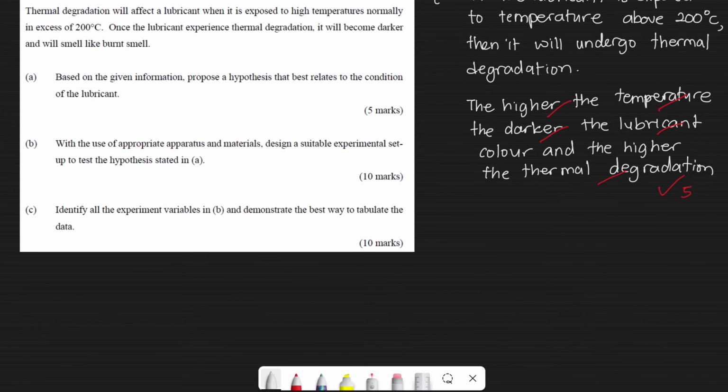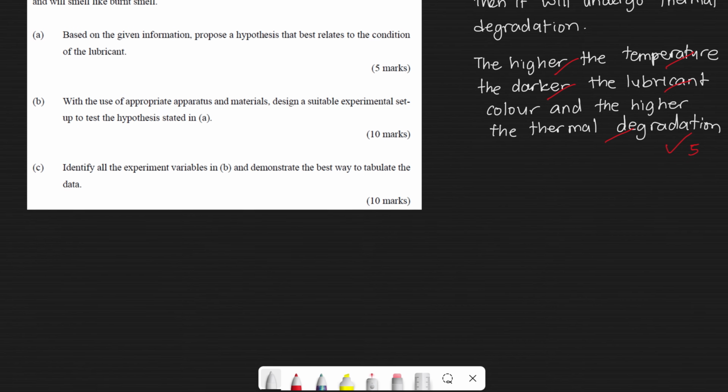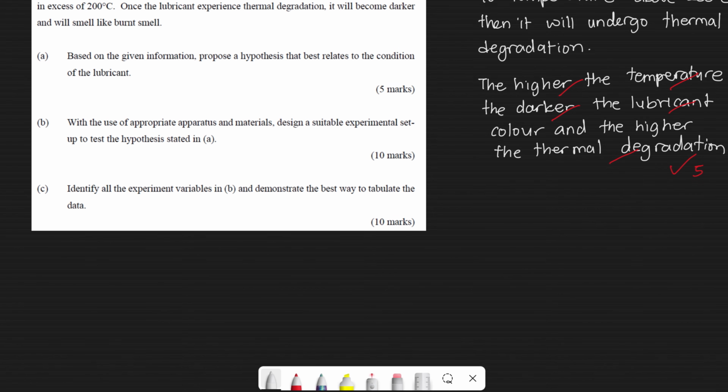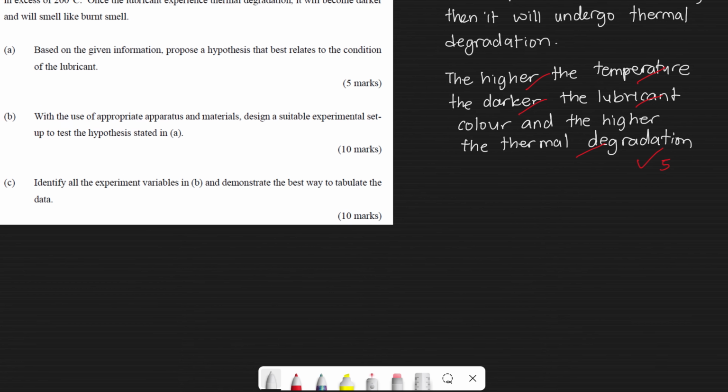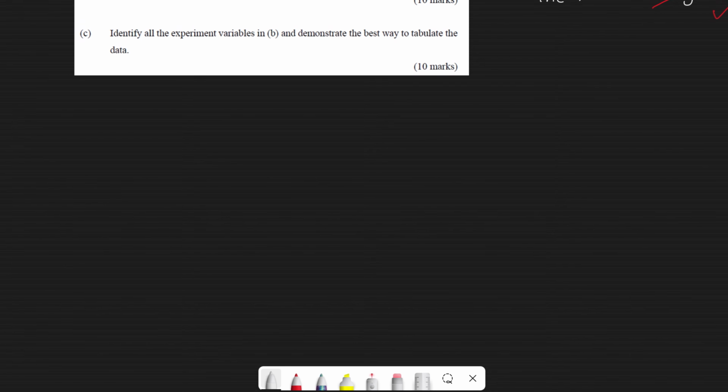With the use of appropriate apparatus and material, design a suitable experimental setup to test the hypothesis stated in A. Okay, so for the apparatus, we will write apparatus and material.